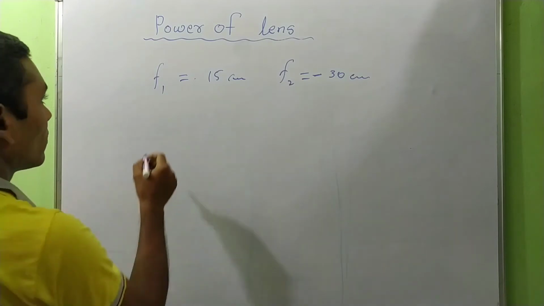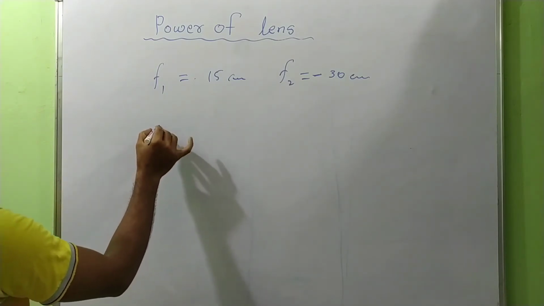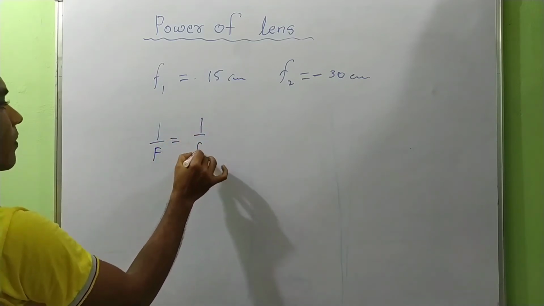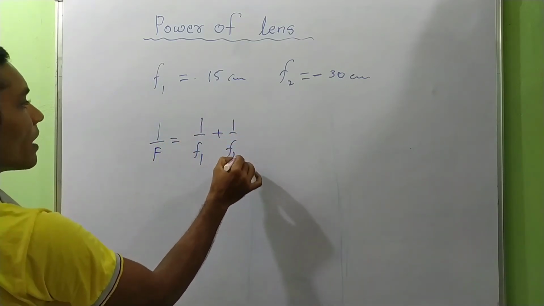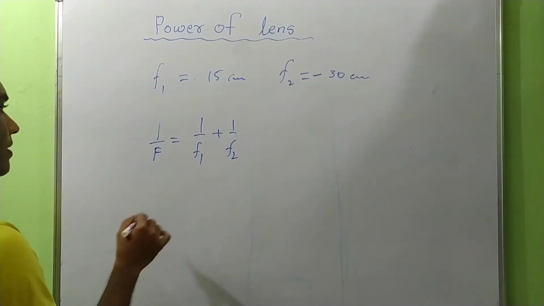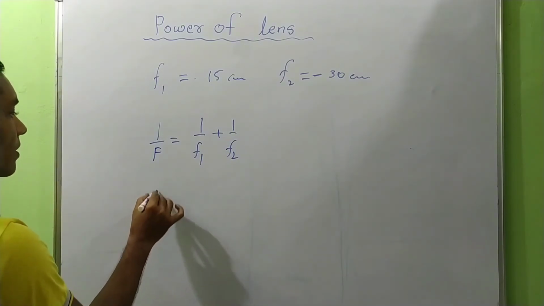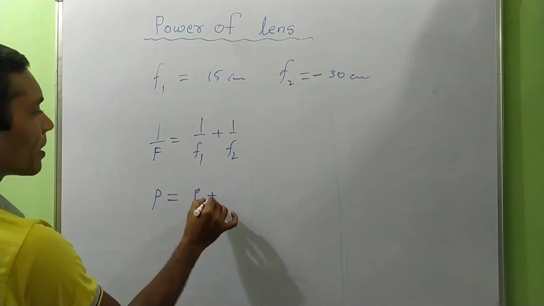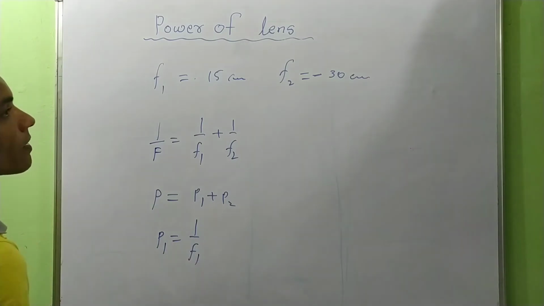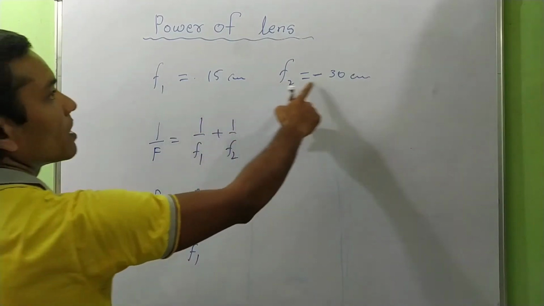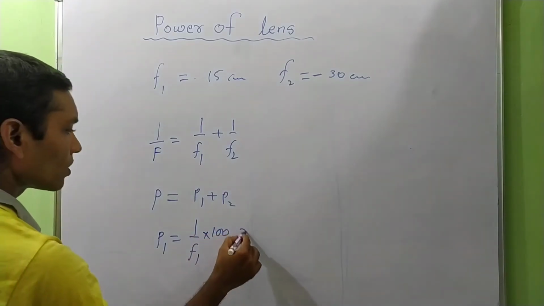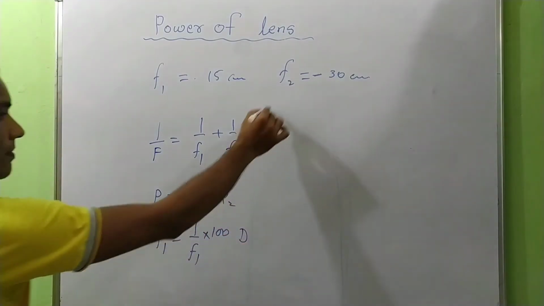So applying the formula 1 upon f1 plus 1 upon f2. But for the power, P equals P1 plus P2, where P1 will be 1 upon f1, and these are given in centimeter, that's why here will be 100. So this will be in diopter.